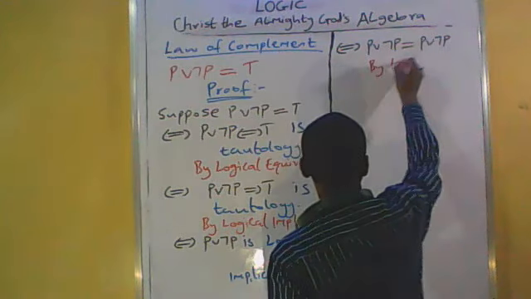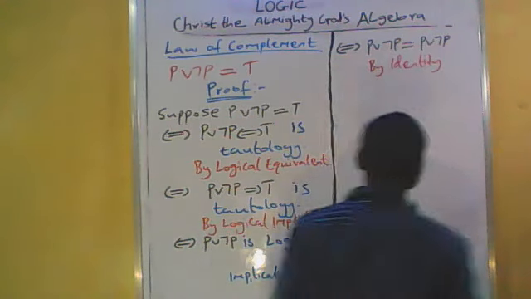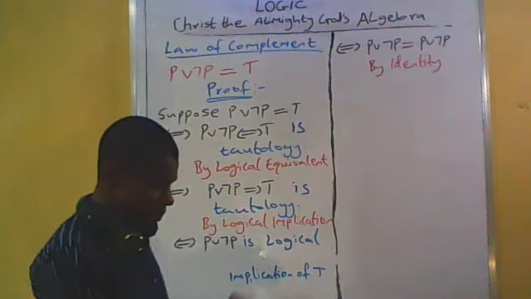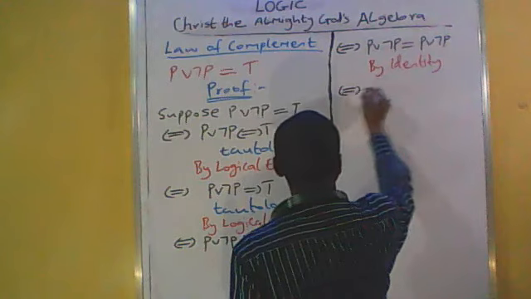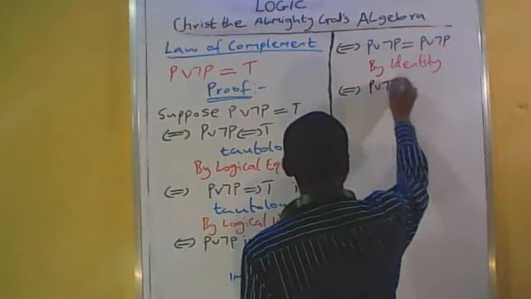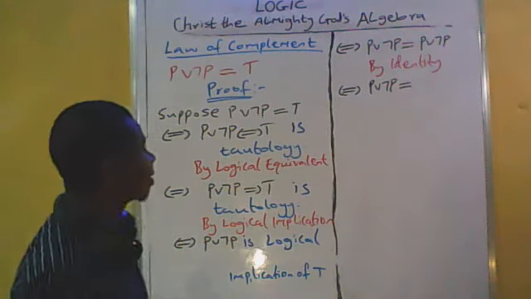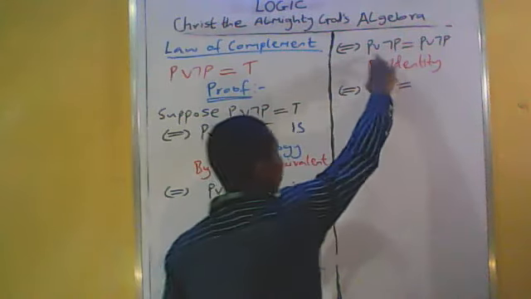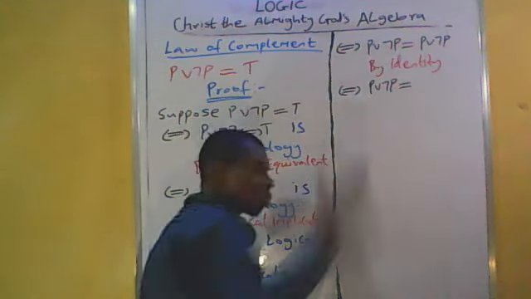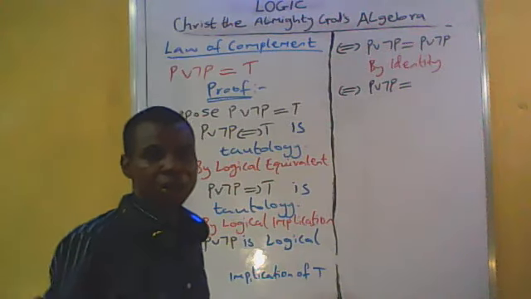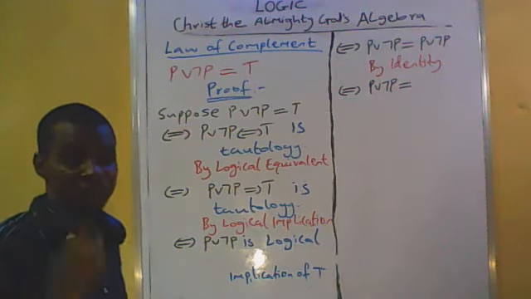Being justified by identity. If and only if P or not P is equal to, he found out that this P or not P, when you write it, gives us constant truth.